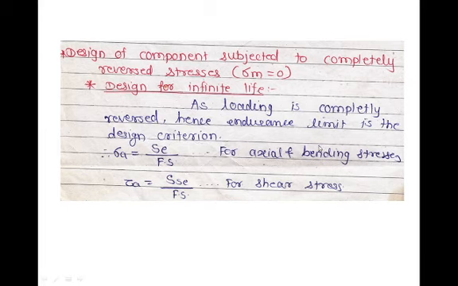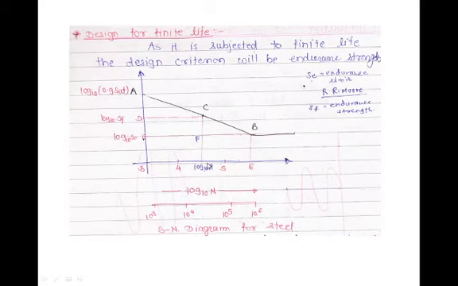Endurance limit is for infinite life, therefore sigma a will be equal to Se by Fs. What is this Se? It is the endurance limit, and tau a will be the endurance limit in shear divided by the factor of safety. Now this Se will be calculated as Se is equal to Ka into Kb into Kc into Kd into Ke into Kg into Se theoretical, that is by using modifying factors.